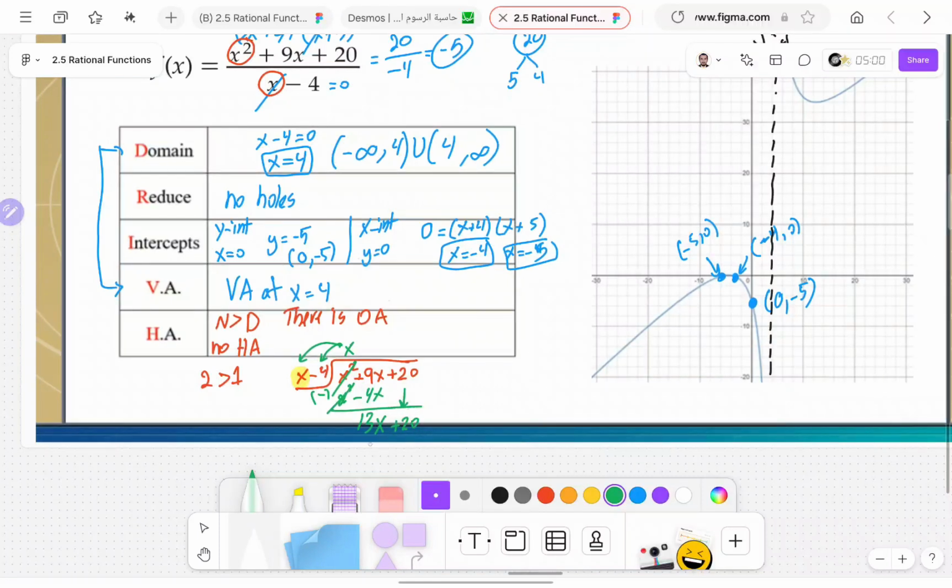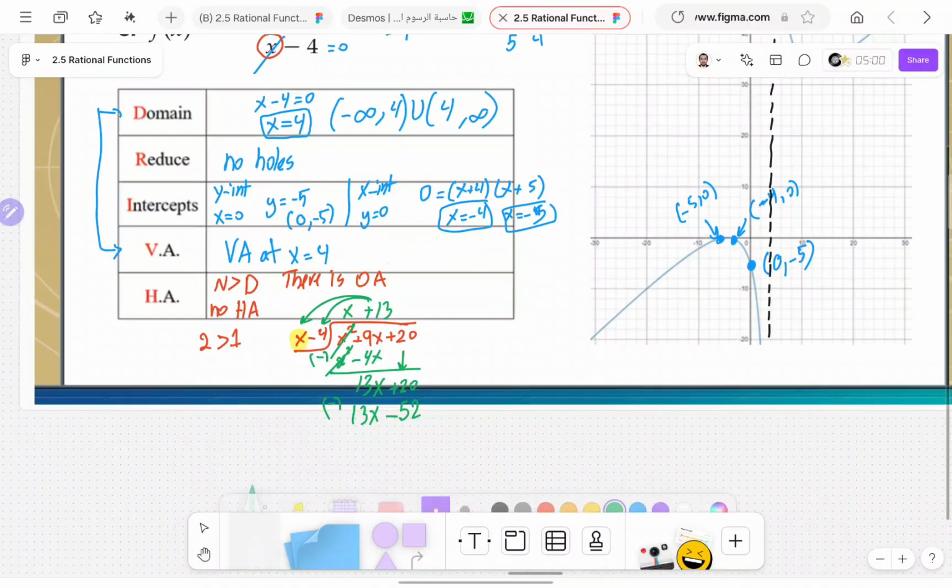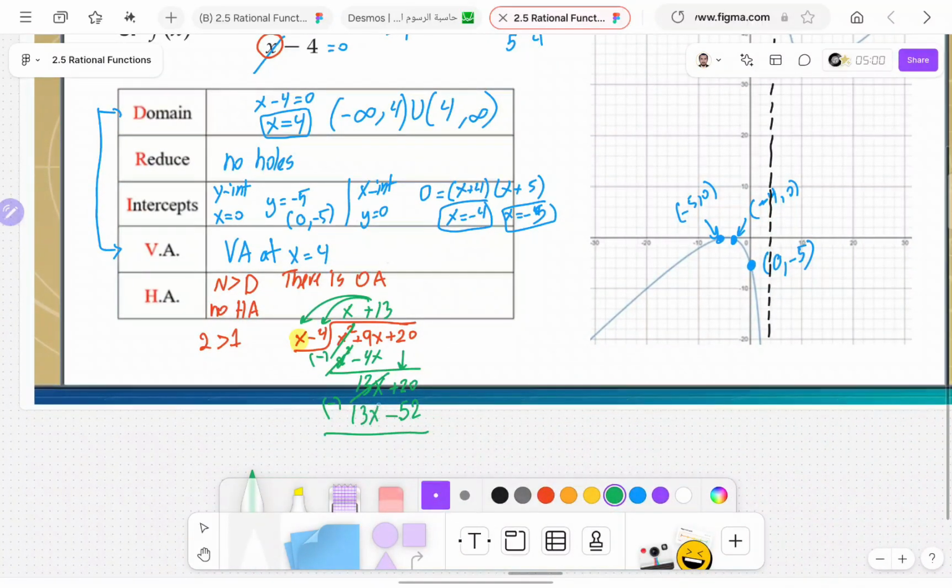Then we divide the first term by the first, so it becomes 13 only, so plus 13. Now we do the same thing, we repeat: we distribute, 13x, then 13 times negative 4 is negative 52. Now let's subtract them. The first term cancels. Now 20 minus negative 52 becomes positive, so the remainder is 72.